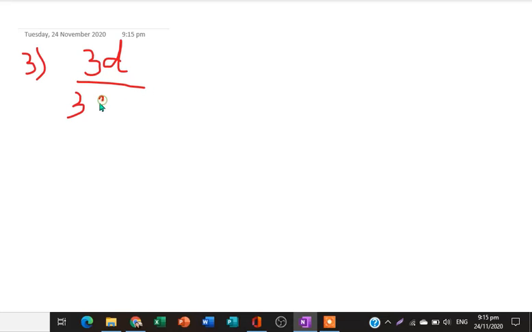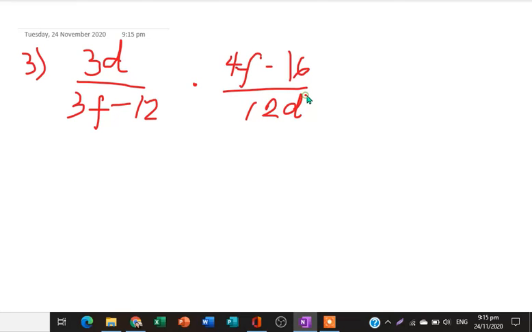Then another example, example number 3. Okay, so if we have 3d over 3f minus 12 times 4f minus 16 over 12d squared.